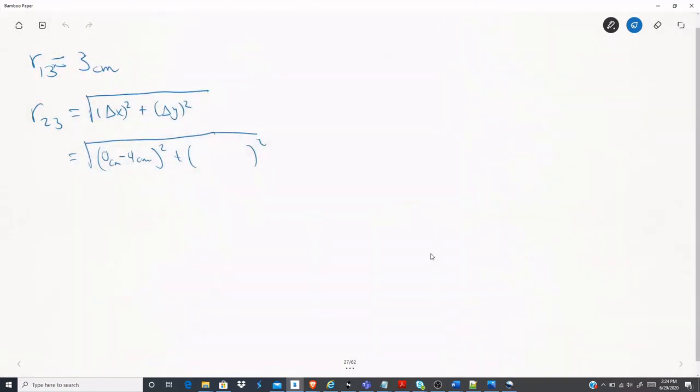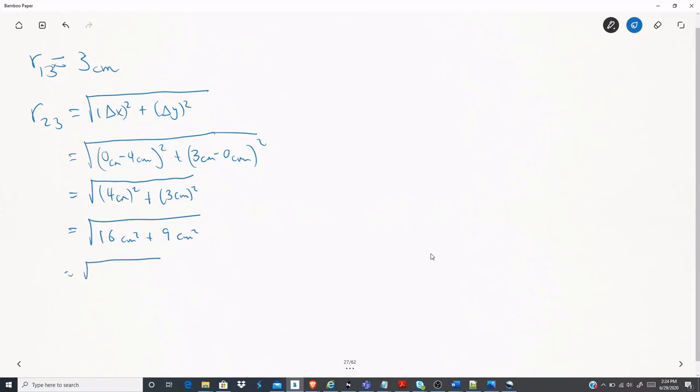So if I go to the y-coordinates, I'll get 3 centimeters minus 0 centimeters. Now I evaluate those differences and I get 4 centimeters squared plus 3 centimeters squared. This is the square root of 16 square centimeters plus 9 square centimeters. 16 and 9 make 25 square centimeters, which works out to 5 centimeters after we compute the square root.